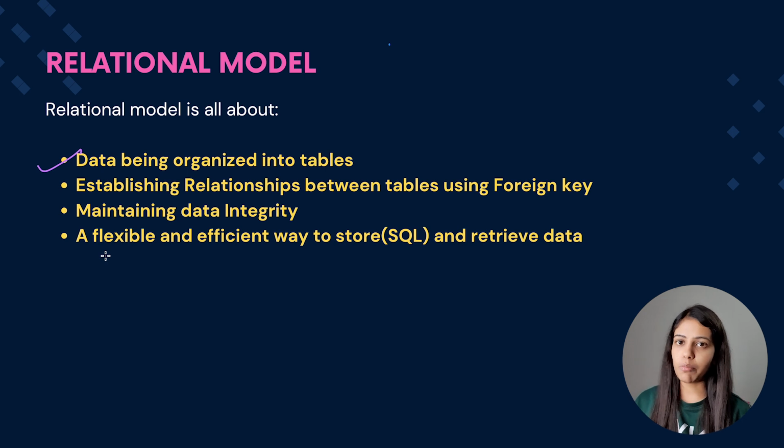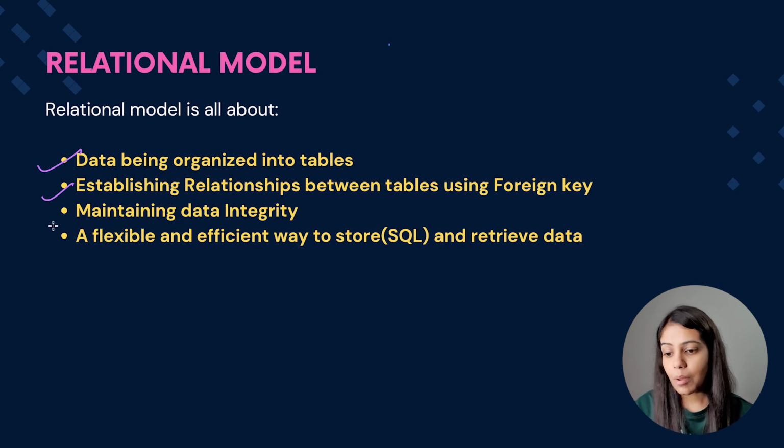Now, what is relational model all about? Relational model is all about data being organized into tables, establishing relationship between tables using foreign key, as I explained earlier, and maintaining the data integrity. That set of rules should be there, that if there is an attribute which is called age, in that attribute I shouldn't fill the value as ABC.